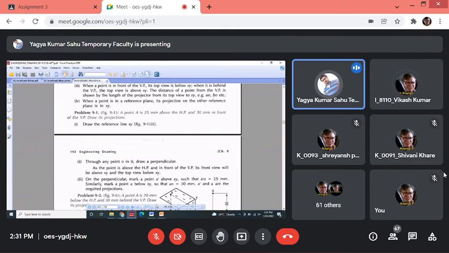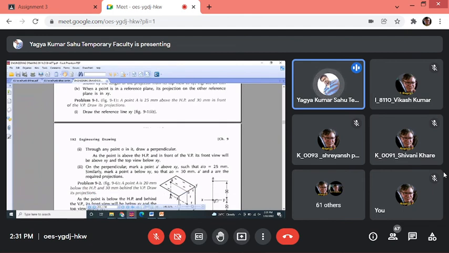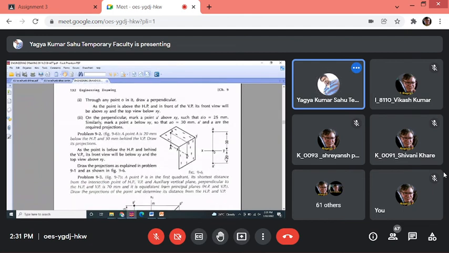You'll get top view above the reference line and front view below. So you can see the projections 20, 30. 20 mm below you are getting A dash, which is the front view of point A, and 30 mm above you are getting the top view, because it is in third quadrant.